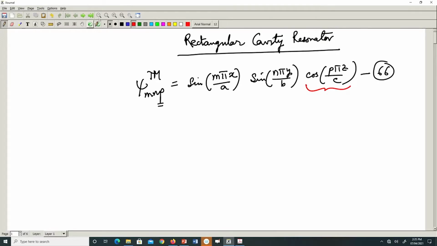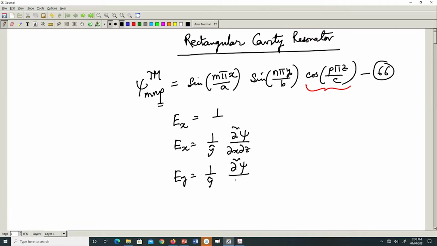The reason is, if we look at the electric field distribution of the TMz mode, we will find that Ex is equal to 1 by y cap del square psi by del x del z, and Ey is equal to 1 by y cap del square psi by del y del z.